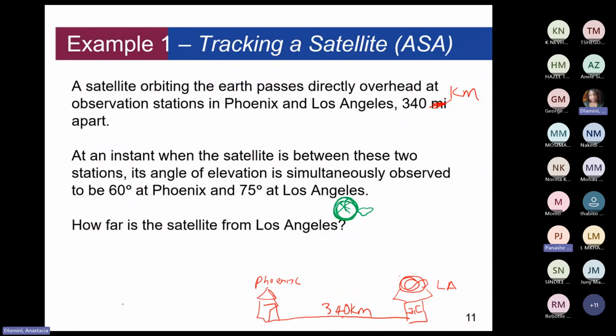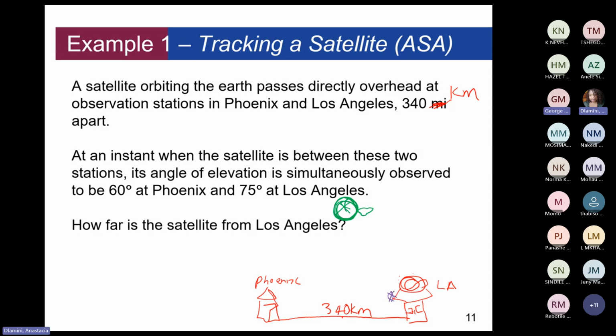What is an angle of elevation? Because we talked about this. What does it mean? It means if you are stationary at Los Angeles, you are looking up at an angle.